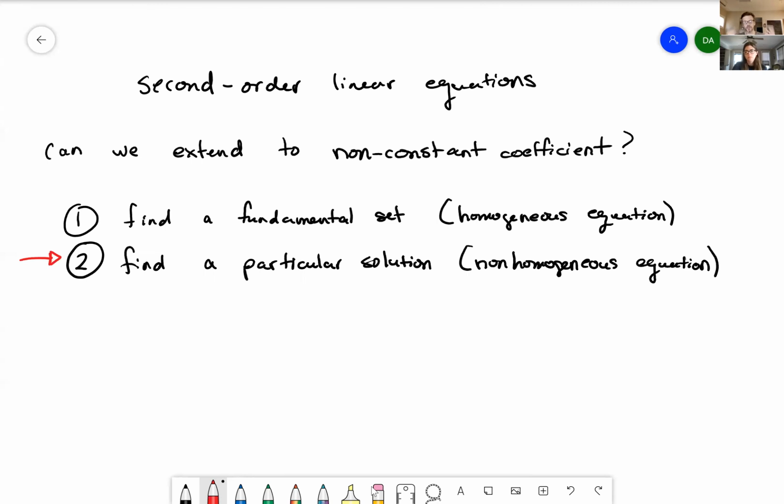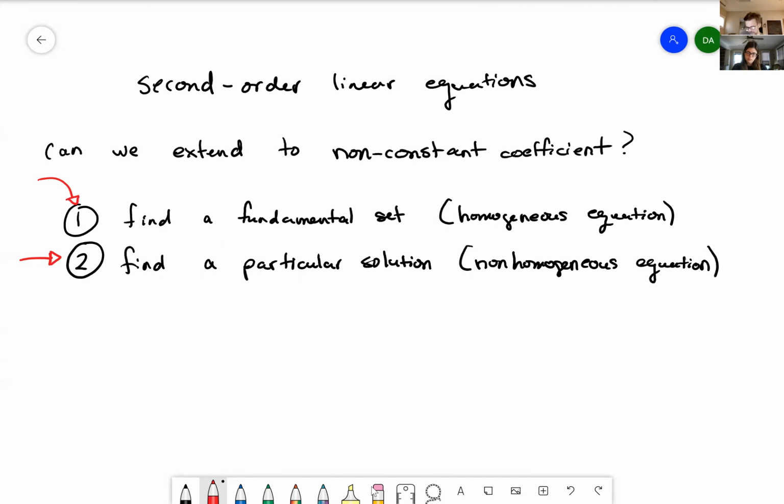There was no assumption that the coefficients were constant. Once we had a particular solution, no matter how we found it, it didn't matter. And all of the solutions, the general solution, varied from that by linear combinations of the fundamental set.